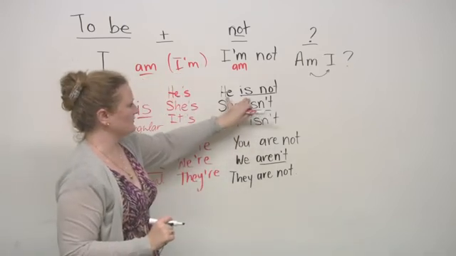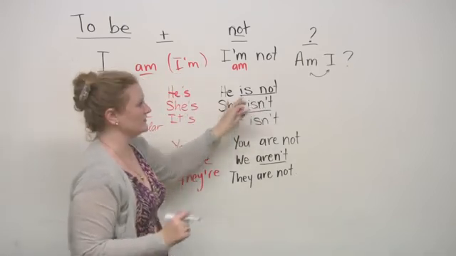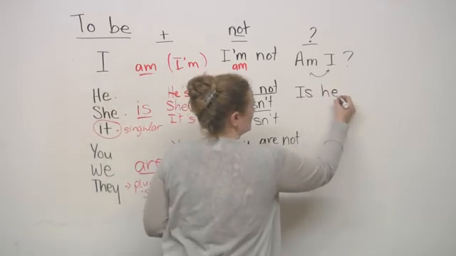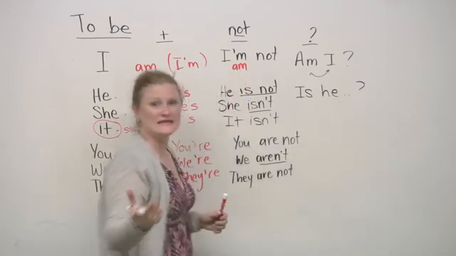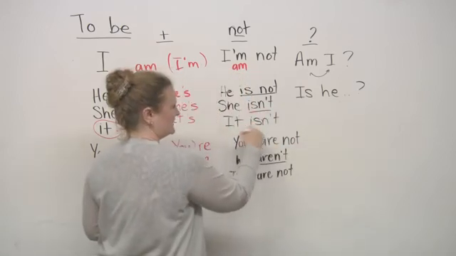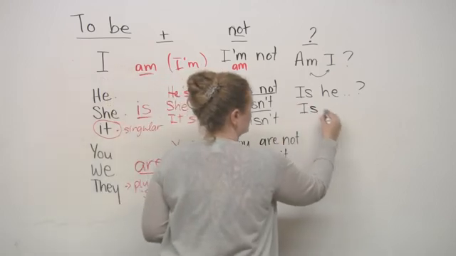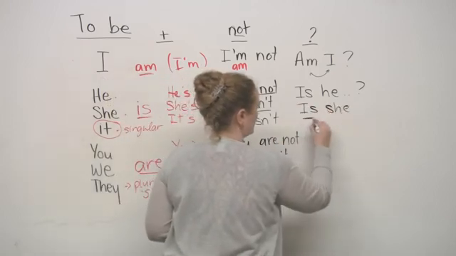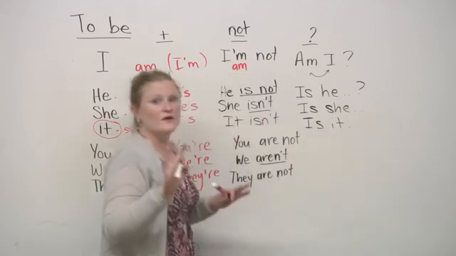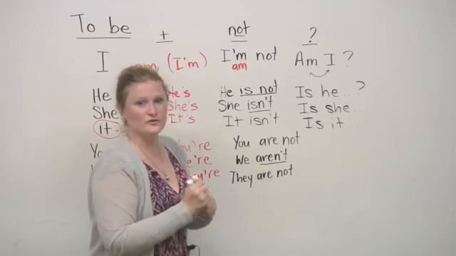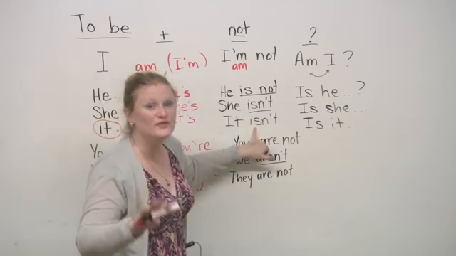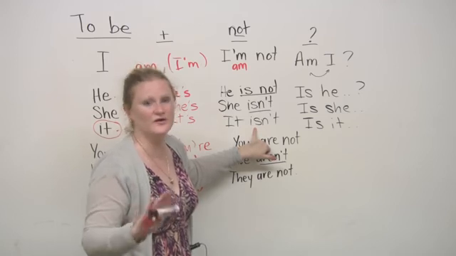If we switch the verb and the subject, he is changes to is he. We also say, is she, is it. It's very unusual if we would start a question with isn't it. We do say that sometimes, but it's not usual.